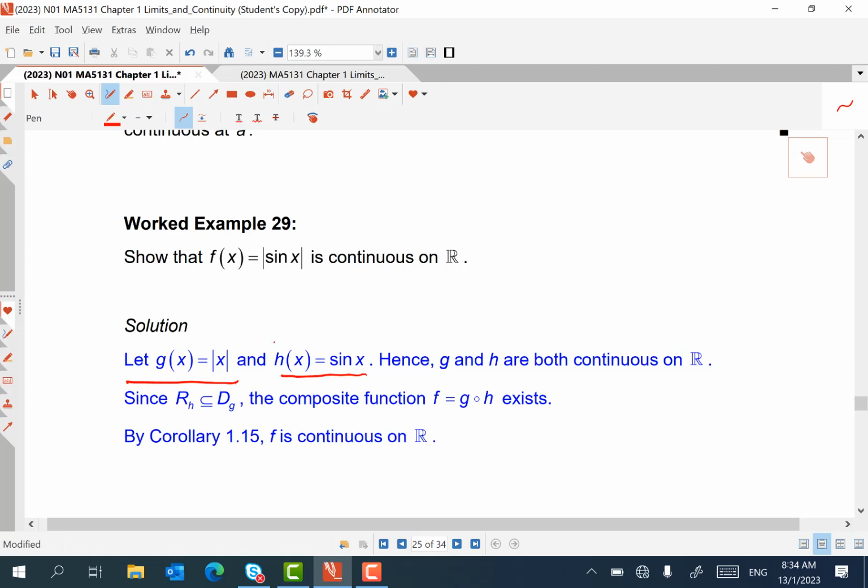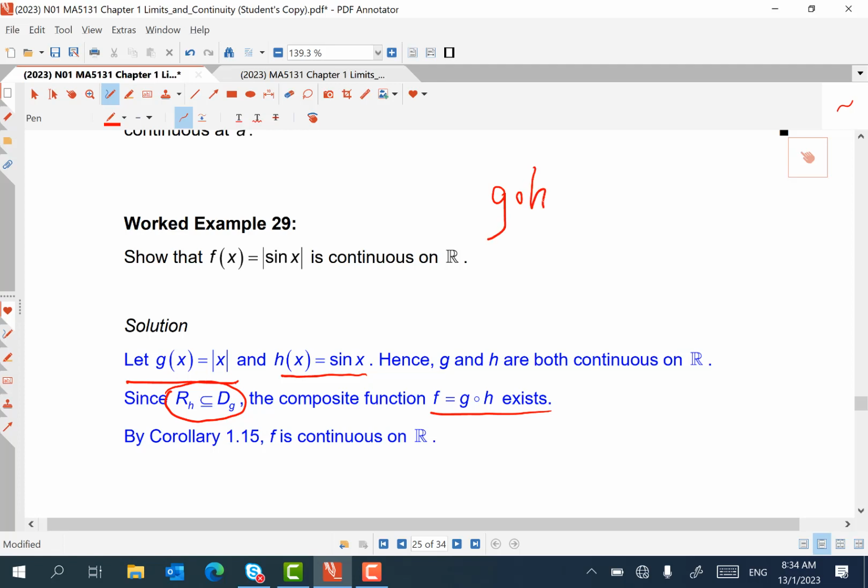In this particular case, both are continuous on the real line, and the range of h is a subset of the domain of g. This is a condition required to establish that this composition exists, for g∘h to be a function.